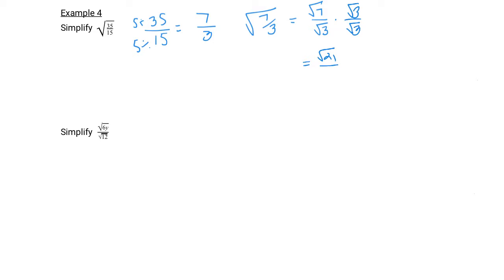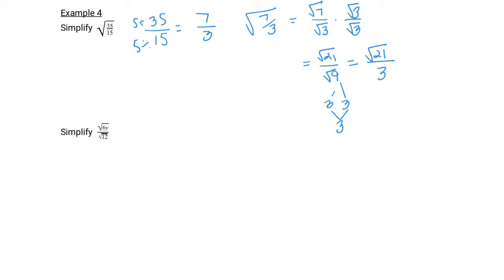The square root of 3 times the square root of 3 is the square root of 9. Well, I can't simplify square root of 21. 7 and 3 are both prime, so it's just going to stay the square root of 21. The square root of 9 is 3 times 3, which is a pair of 3s, which is what's going to go underneath my radical.